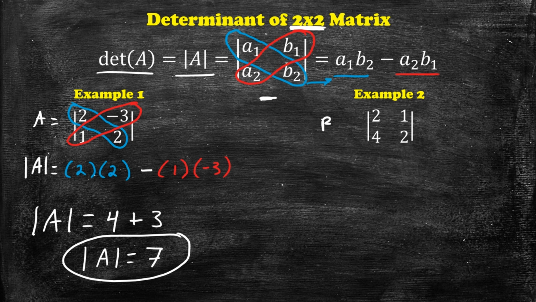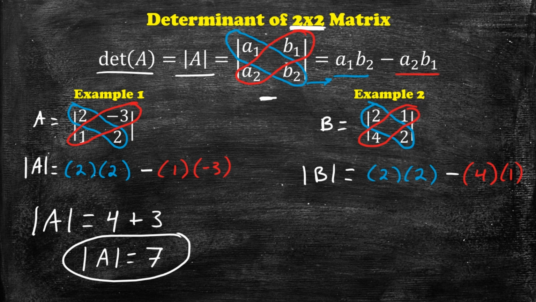So I'm going to call this matrix B. All right, so first let's circle our first diagonal numbers right here. And that is going to give us the determinant of B is equal to 2 times 2 subtracted by the other numbers in the diagonal here, which is 4 times 1.